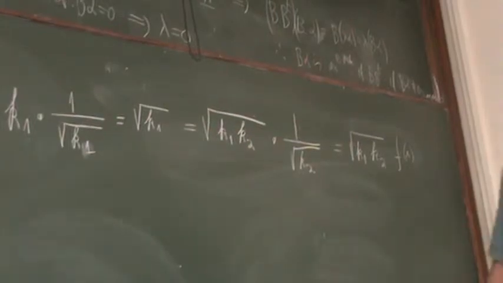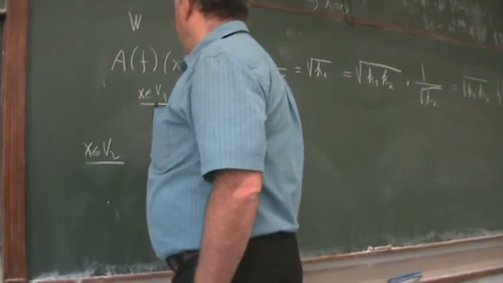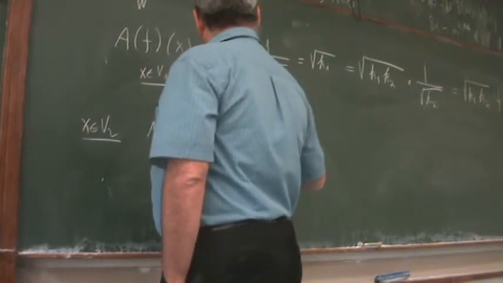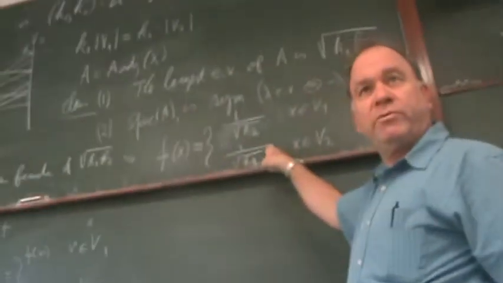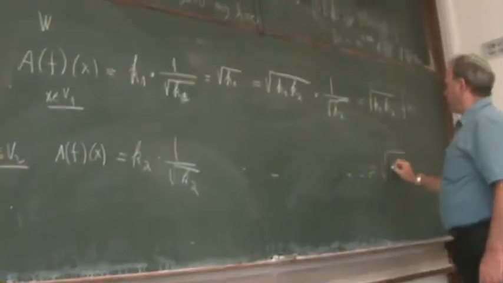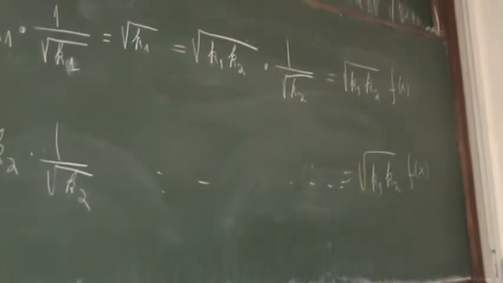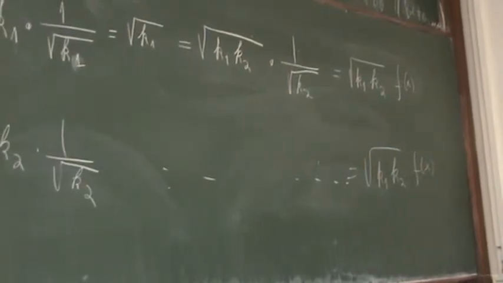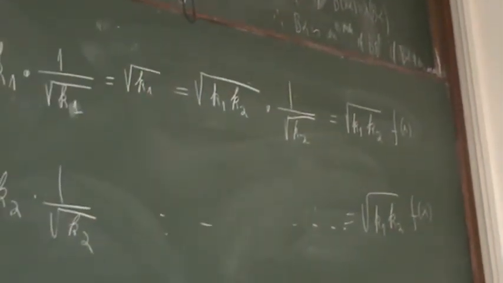And similarly, this is symmetric, for x in V2, A of f of x will be k2 times 1 over square root of k2. So you see, this is the right definition, which gives you the eigenvalue square root of k1 k2. Okay, so these are the eigenfunctions.